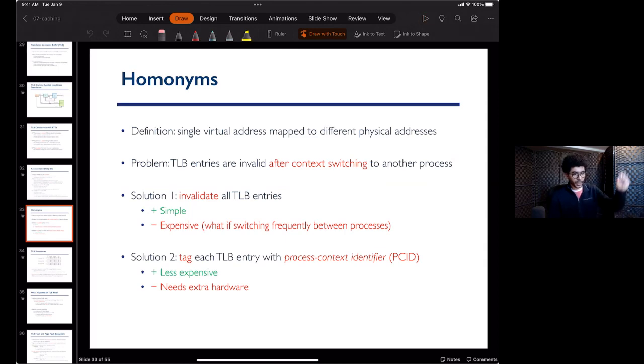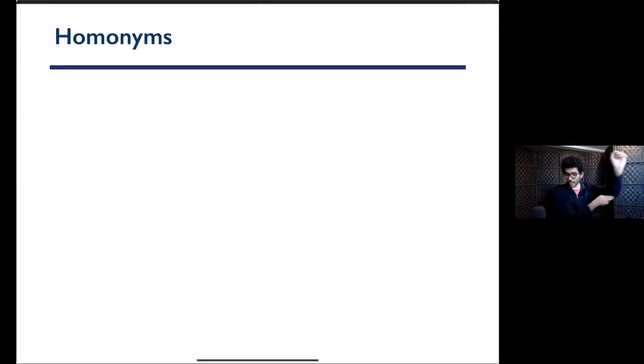So we were talking about caches, and then we took a segue to talk about address translation, which was the topic of the previous lectures, and we introduced TLBs, and TLBs are basically caches for address translation. When we translate an address, we just cache it.